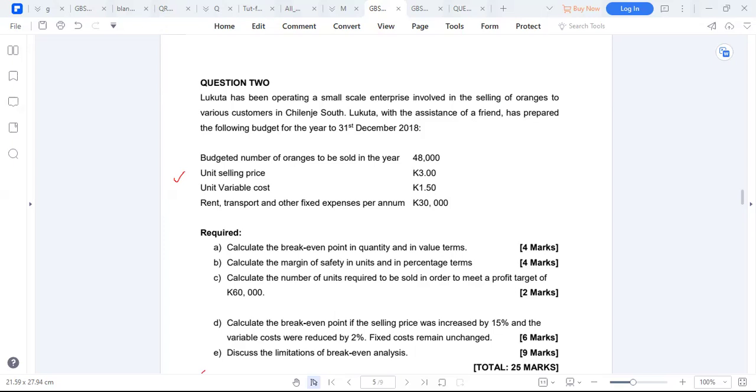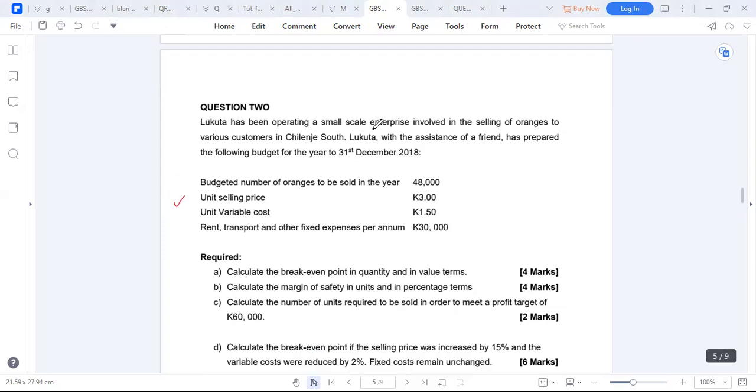What topic is this? I think CVP. Okay, so what does CVP really look at? It is cost, volume, and profit.